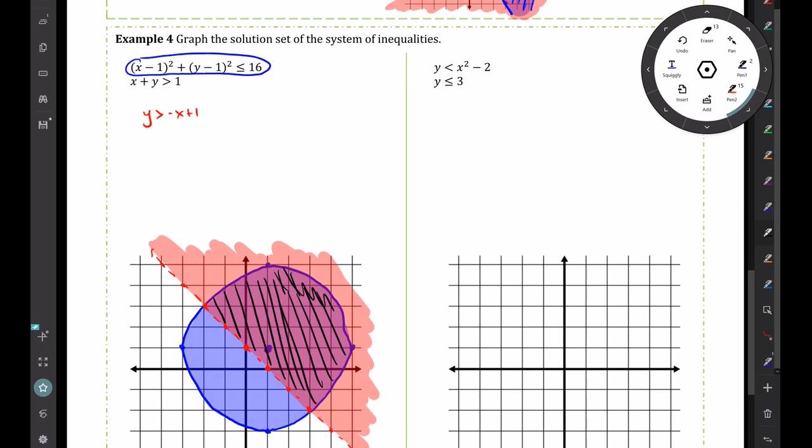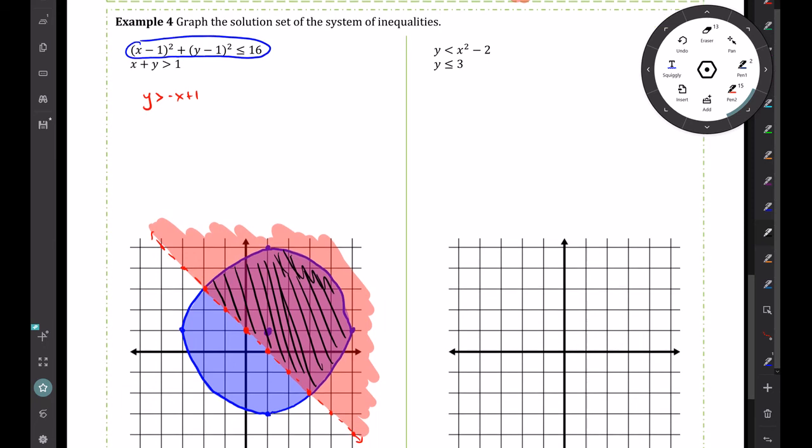Okay, so now we have one last example. And so that's going to be a parabola and a line. So the parabola is y equals x squared minus 2. So x squared minus 2 would be something like this.